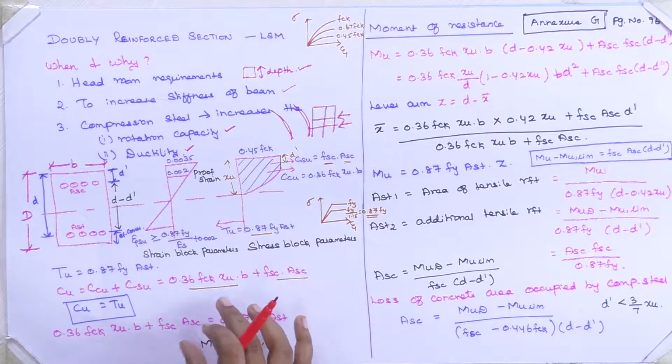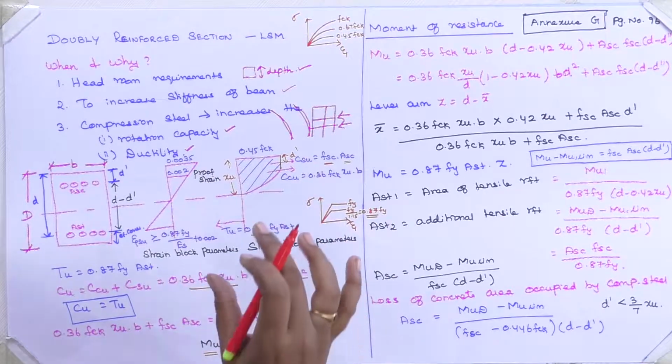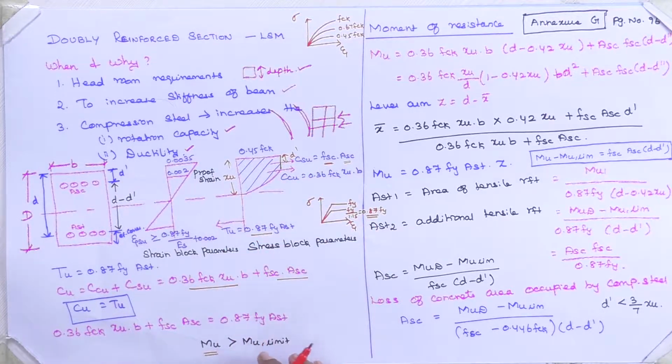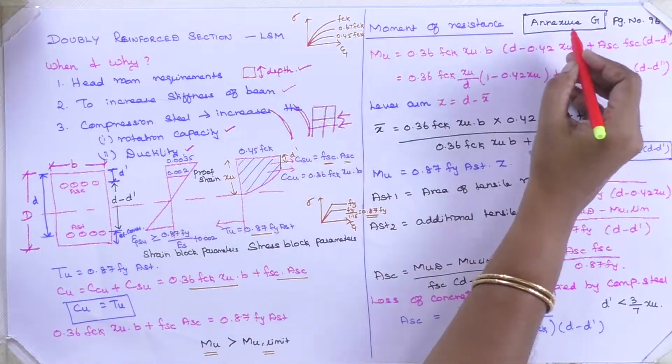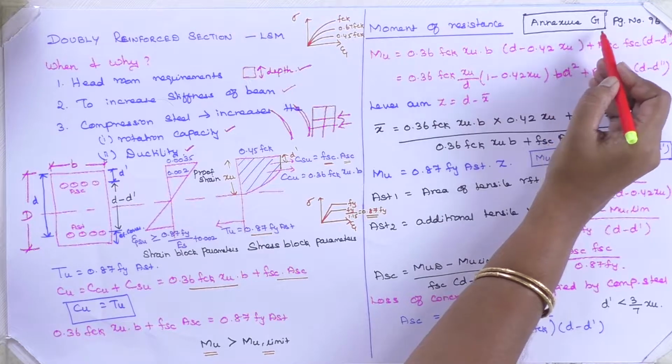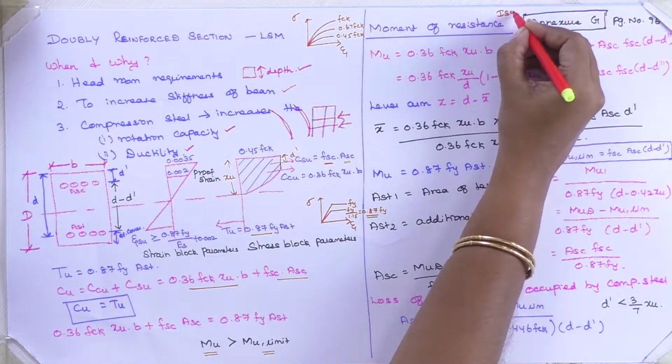My condition is, if you take the Mu value, that is the actual Mu of my section, when this actual Mu is greater than my Mu limit, you need to proceed with this section. Take Annexure G, page number 96 of the IS 456 code book.